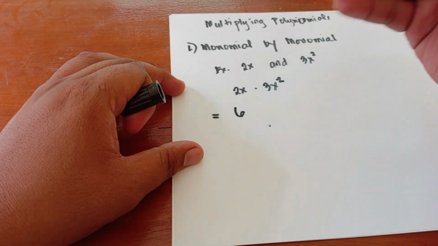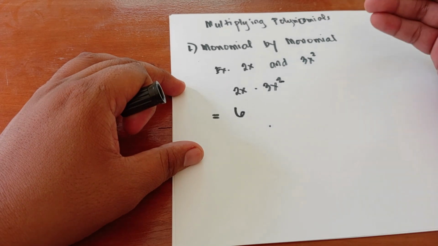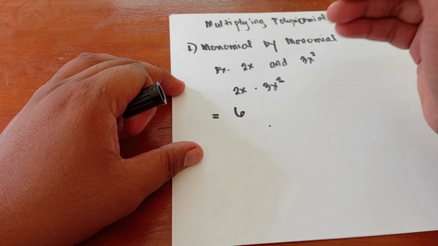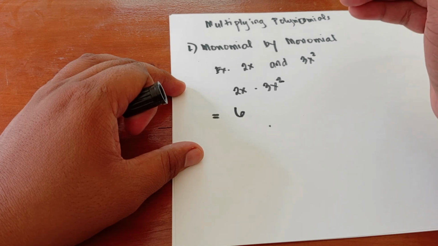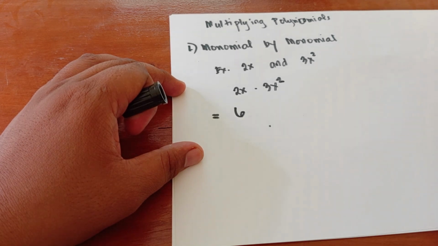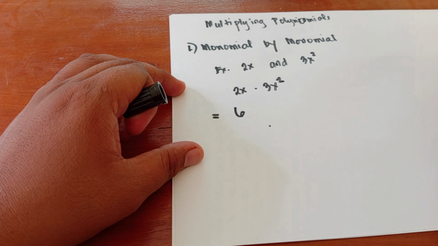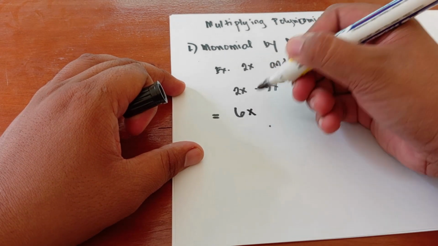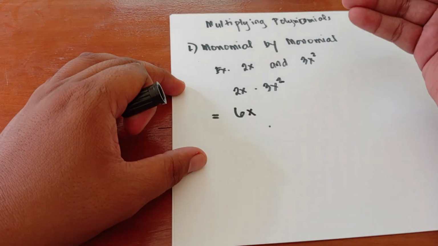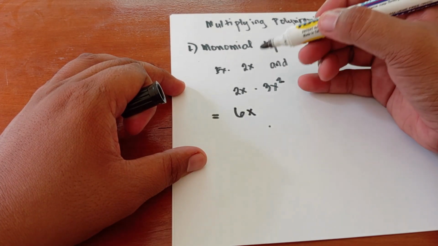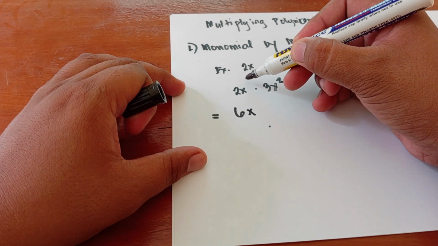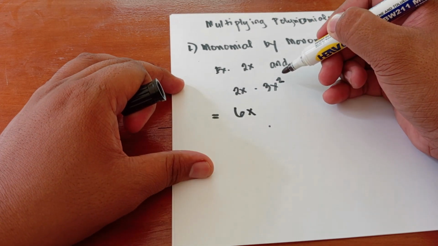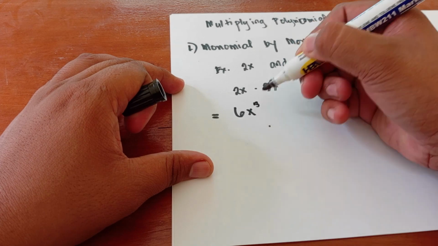Since they have the same variable, we will only add the exponents or the degree when we are multiplying the variables. Since the variable is x, we will add the exponents, since x here has a degree of 1 and x here has a degree of 2, so 1 plus 2 is equal to 3.